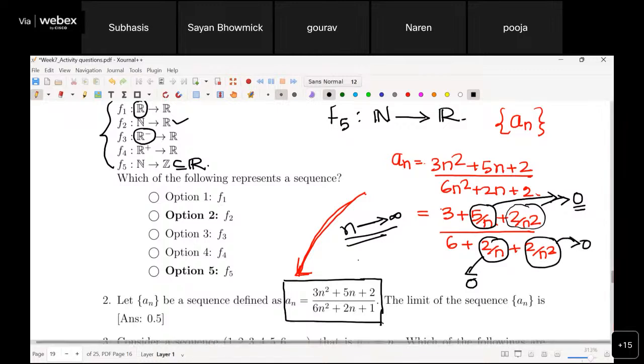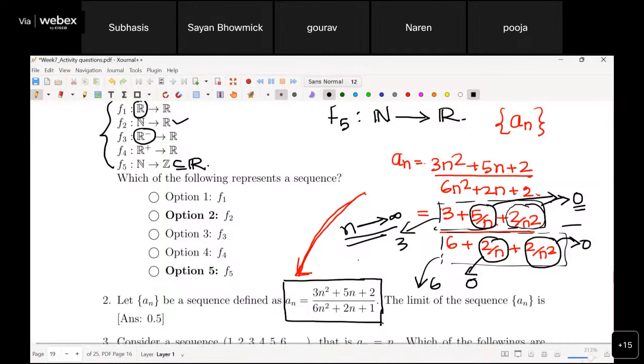That means my denominator is going towards 6, and this numerator is basically going towards 3. That means my whole quotient will go towards 3 by 6. So the limit of the sequence is 3 by 6, which is precisely half.